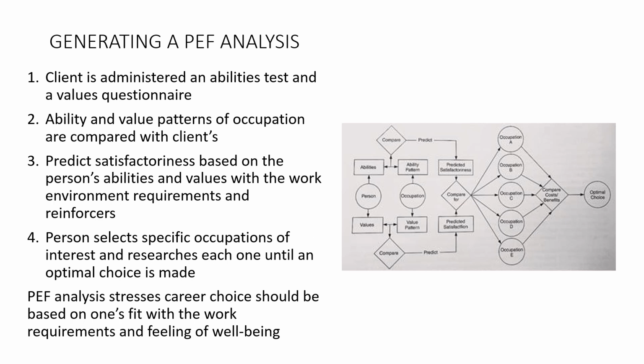So are they getting paid enough? Are they feeling good because people are recognizing them? Do they have pride? Depending on what kind of reinforcement this person desires. 4, person selects occupations of interest and researches each one until an optimal choice is made. The PEF analysis stresses career choice should be based on one's fit with the work requirements and feeling of well-being.